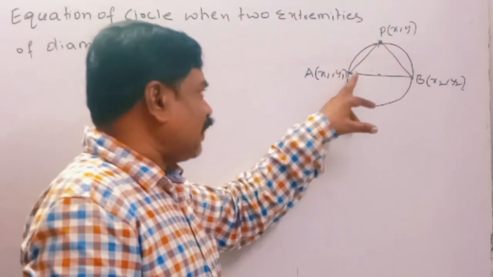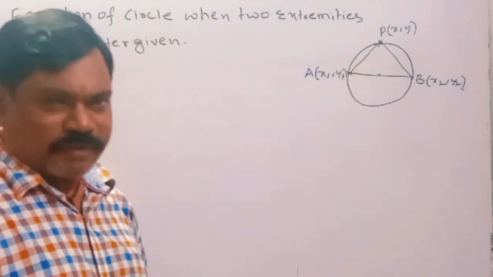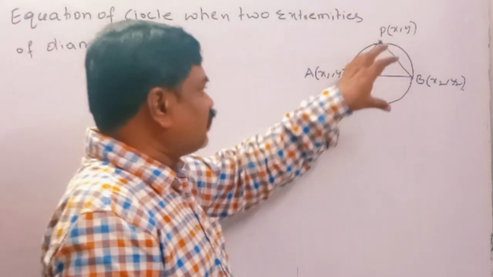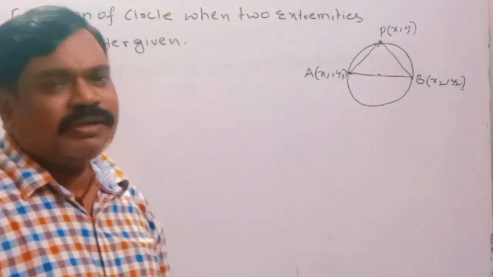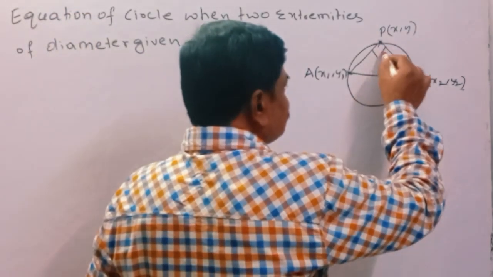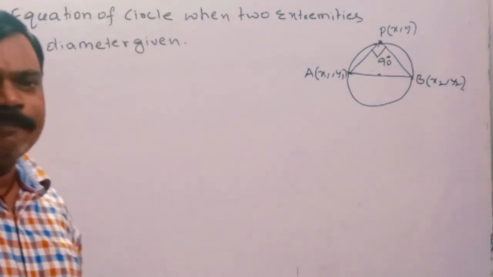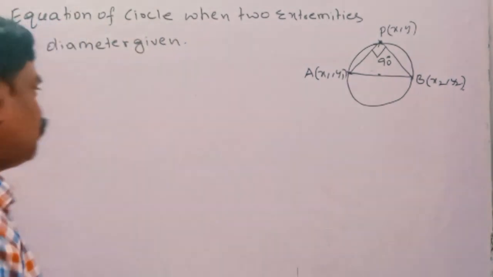Then we know that AP and PB are perpendicular. Why? Because these two lie in the semicircle region, so this angle is 90 degrees. We know these two intersect perpendicularly.